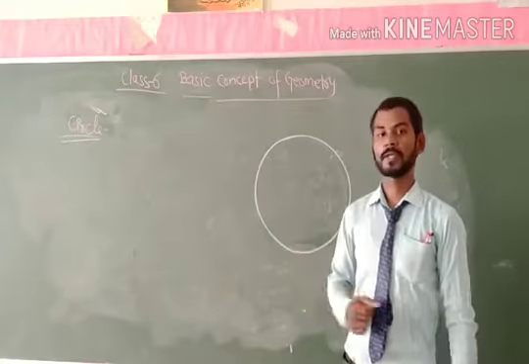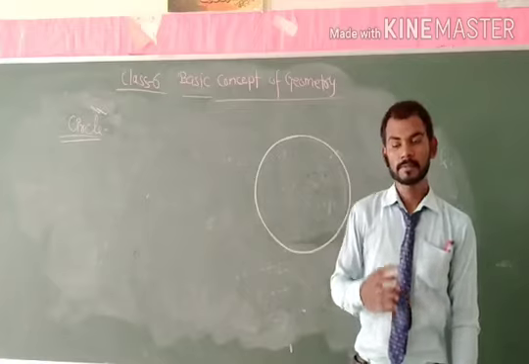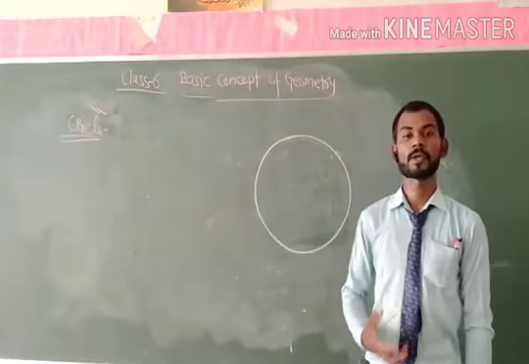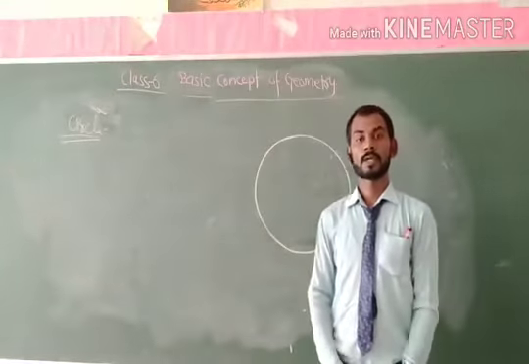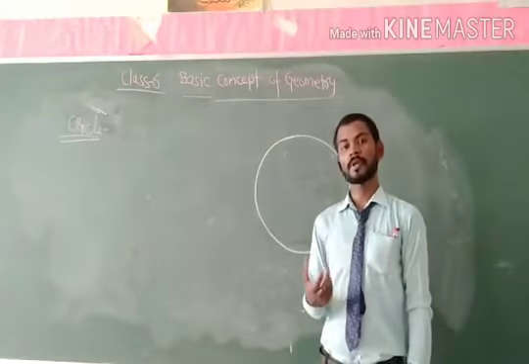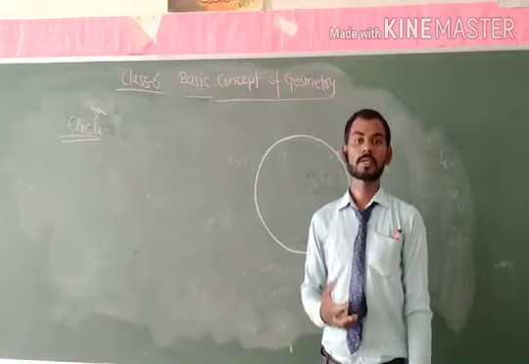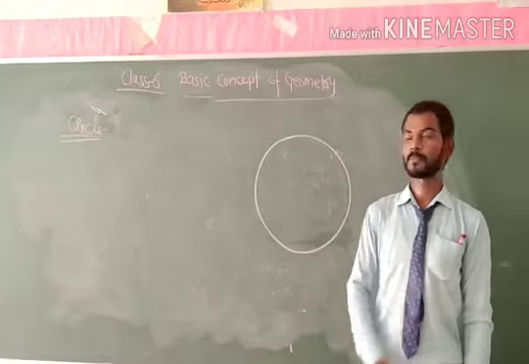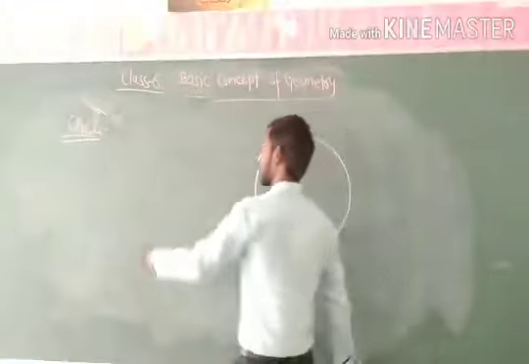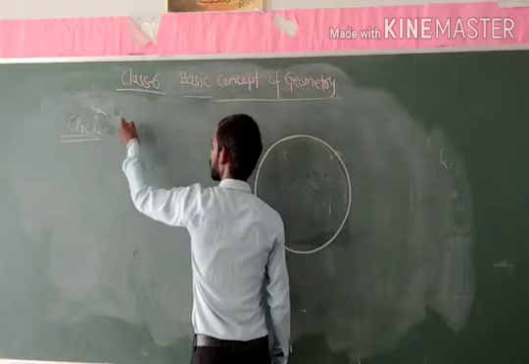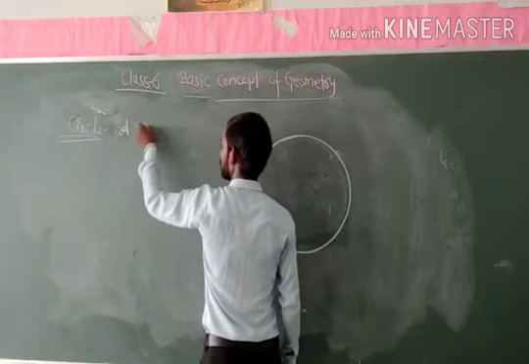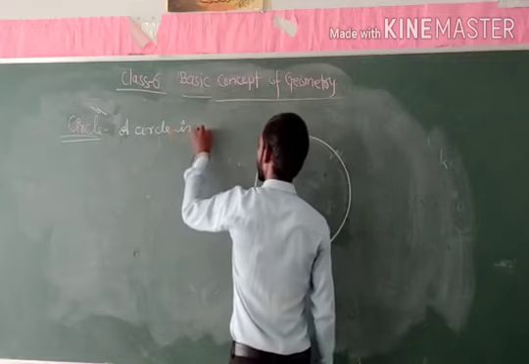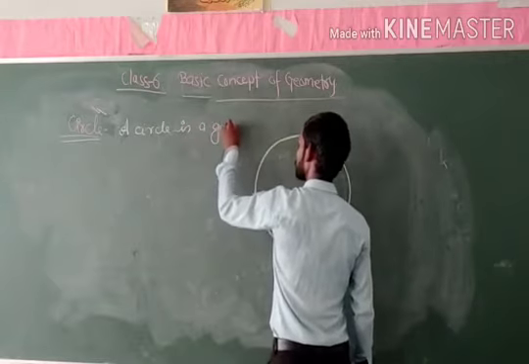Here we define the circle as a geometrical figure in which every point of its boundary is at equal distance from a fixed point.